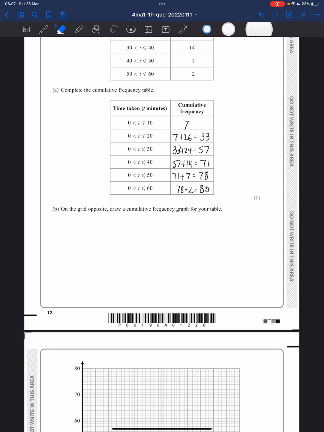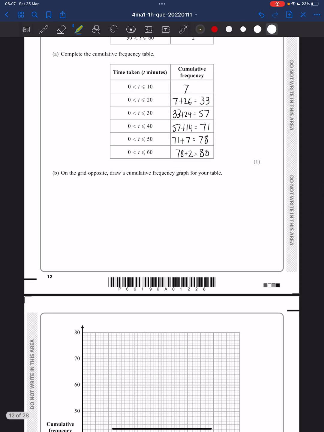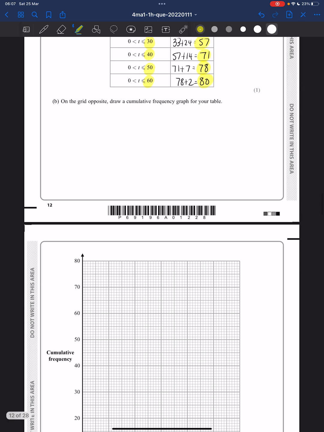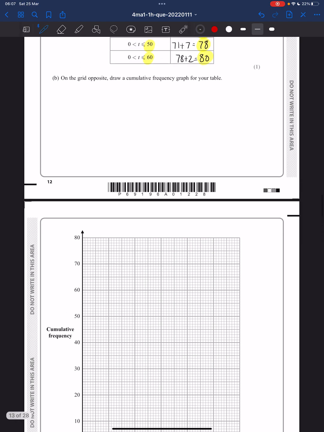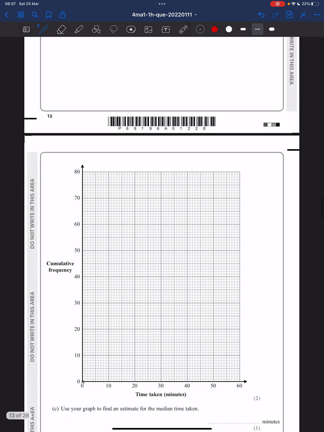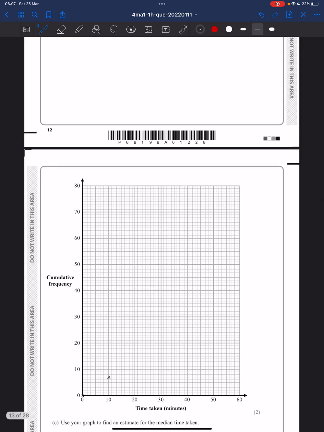Okay, so what we do is we pick these endpoints, and these are what we plot on our cumulative frequency graph, and the first one is there. So nobody took note there. Next one, 10, 7, 10 across, 7 up. Check the scale.